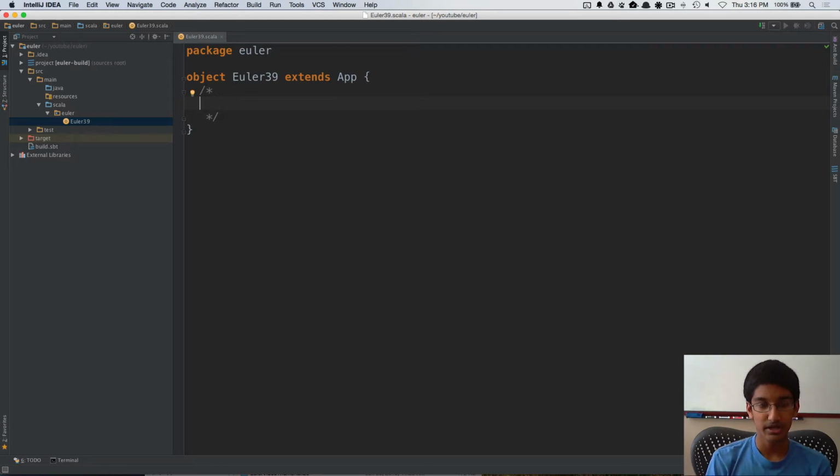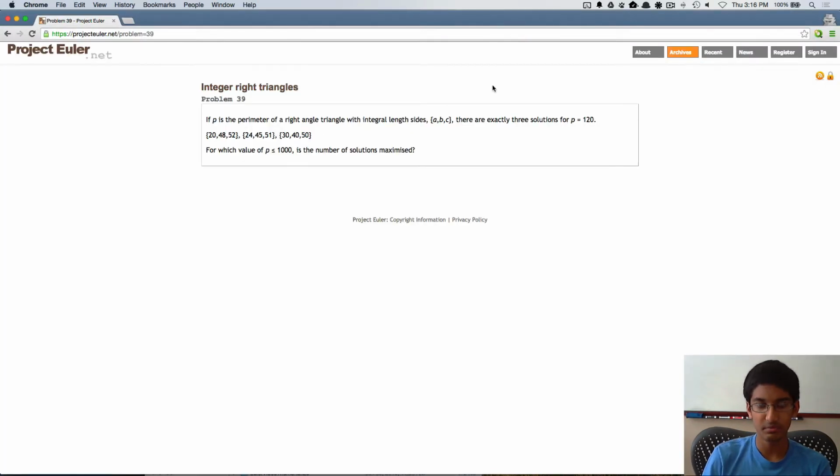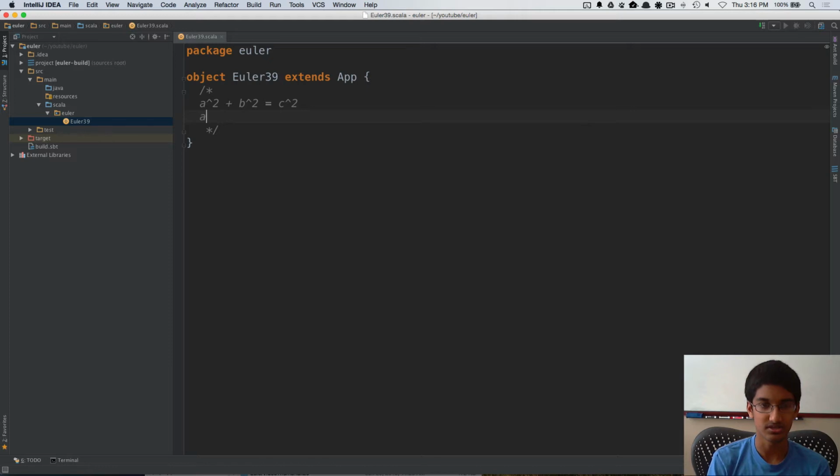Let's start by putting the Pythagorean equation up here: a squared plus b squared equals c squared. And we also know that a plus b plus c equals p. So we're given the perimeter p.